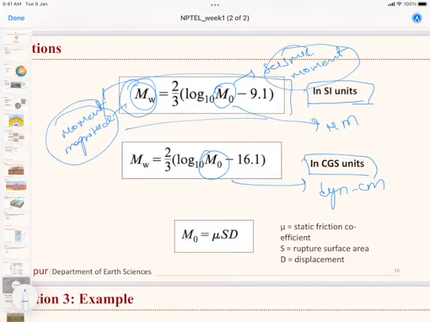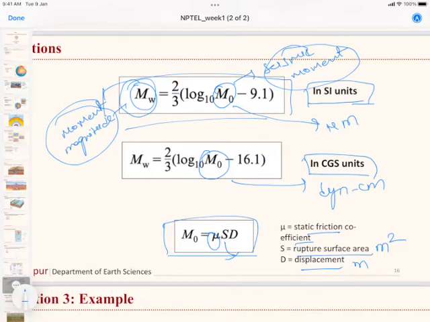Now, having an idea about these two relations, let's understand what M naught or seismic moment is. Here is a very simple formula of seismic moment, which states that it equals the static friction coefficient, that is mu, times S, the rupture surface area, which is in meter square, times D, the displacement, which is in meter.